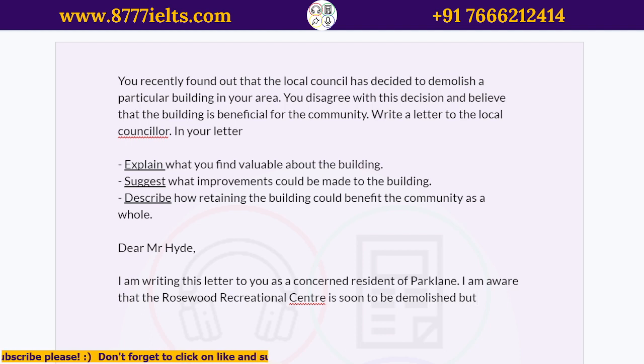But now you need to explain what you find valuable about this building. Why is this an important building? I'm aware that this center is soon to be demolished, but even though it is still in use, people still use it.